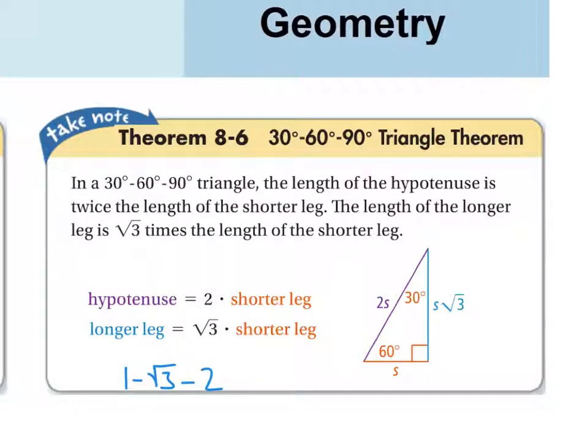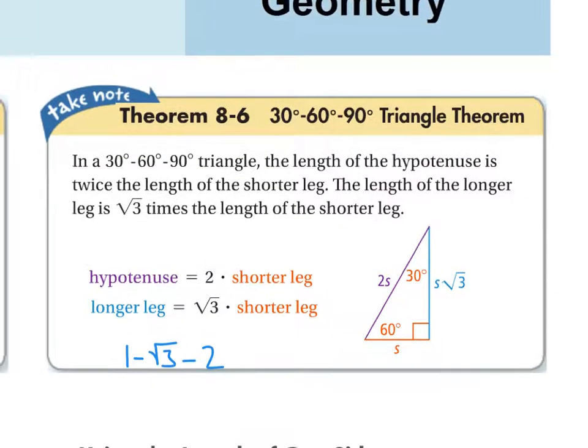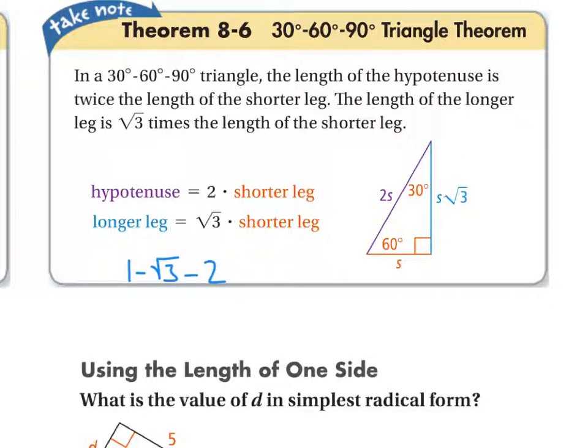That is what I want you to remember because every 30, 60, 90 triangle will be similar to a 30, 60, 90 triangle with side lengths of 1, square root of 3, and 2.